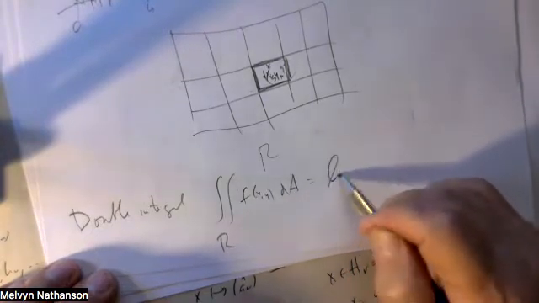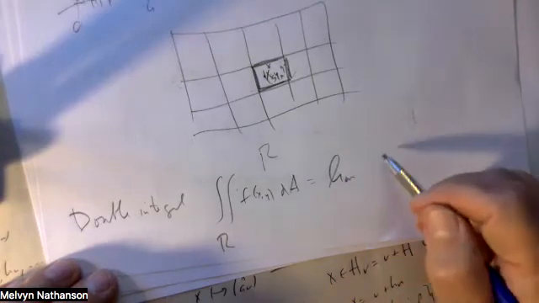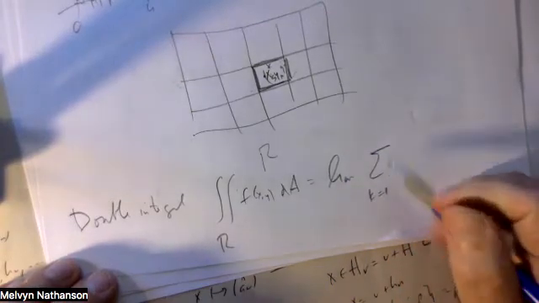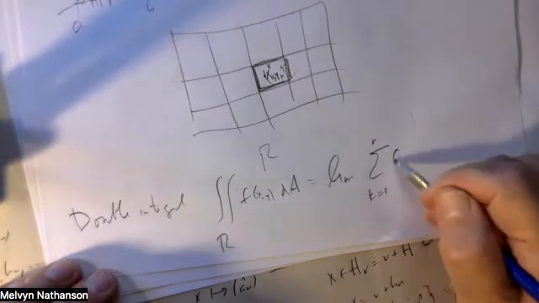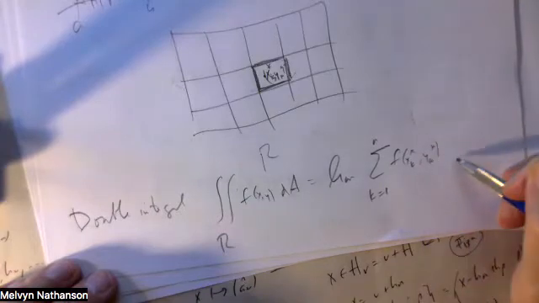A stands for area. This is the limit of a sum, k equals 1 to n. Let's say there are n little rectangles. f of x sub k star, y sub k star, delta A sub k, as n goes to infinity.